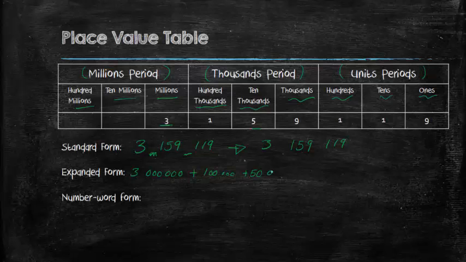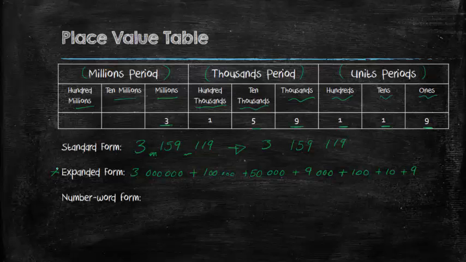So we write 50,000. We've got the thousand value, and there's 9 of it, so 9,000. We've got the 100 values, and there's 1 of it, so only 100. We've got the tens value, and it's 1, so it's plus 10. And then we've got the ones value, and there's 9 of them, so plus 9. So that would be the expanded form.